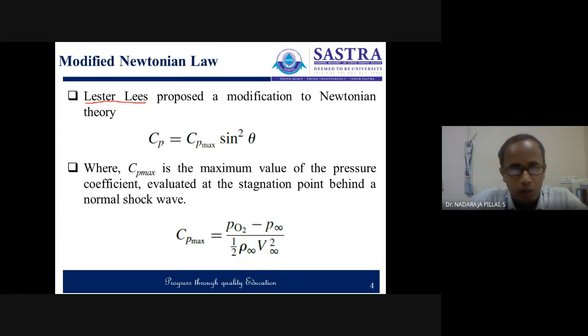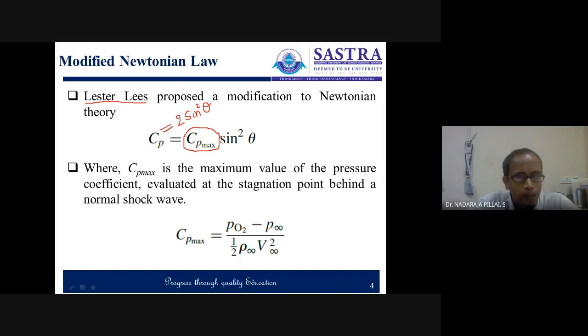And you already know very well, when we calculated the Cp in the Newtonian theory, or Newtonian sine square law, we write 2 sine square theta. So this is our Cp in the Newtonian method. Now, Lees proposed this particular method, where instead of that particular 2, he considered Cp max.